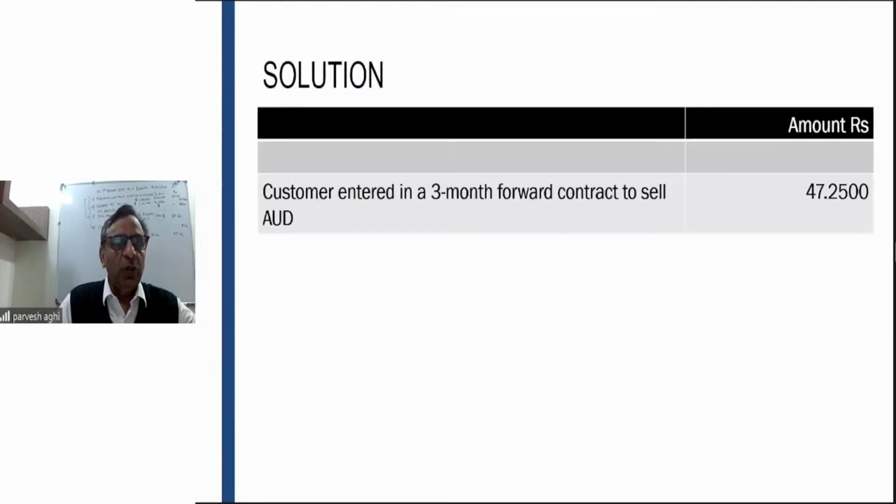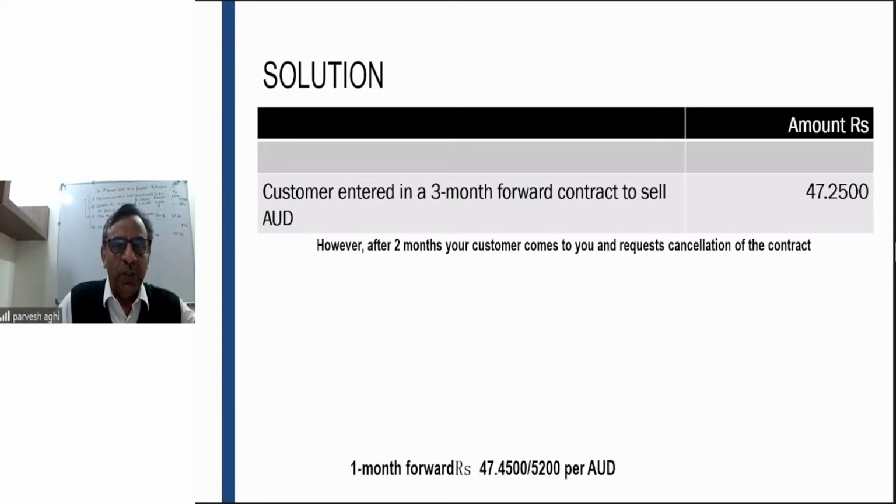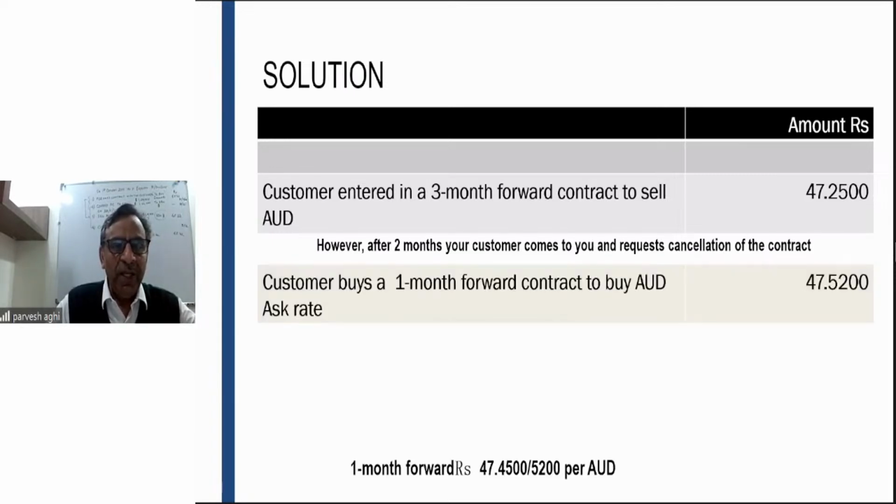Now the customer entered into a 3 month forward contract to sell the dollars. He's an exporter, so he said, okay, I want to sell my dollars. The rate given to him was 47.25. However, after 2 months, he comes. The customer buys a 1 month forward contract to buy the dollars. First he has sold, now he has to buy, but not at the spot rate, at a 1 month forward rate, because there is still 1 month to go.